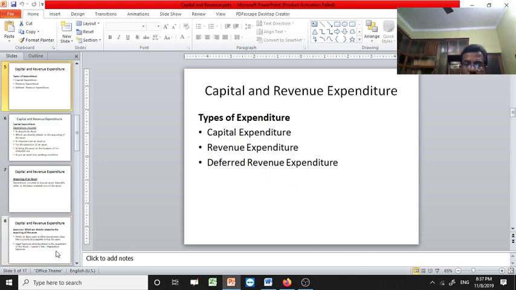So what are the types of expenditure that we come across while we are preparing accounts? While you prepare accounts, we come across three types of expenditure: one is the capital expenditure, one is the revenue expenditure, and one is the deferred revenue expenditure.